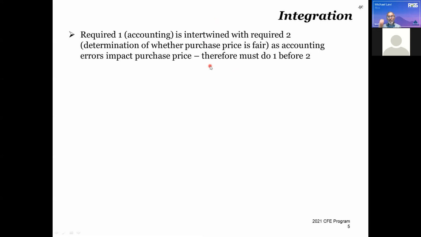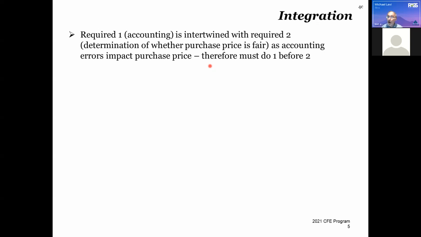Required number 1, where you're dealing with accounting, is clearly intertwined with required number 2, where you're determining whether the purchase price is fair, as the accounting errors impact the purchase price. I need to do required 1 first, figure out if there are errors. If there are errors, I need to quantify the errors and come up with a revised purchase price. I can't consider whether the purchase price is fair until I've revised it, because the revised purchase price may be very different than the original purchase price.